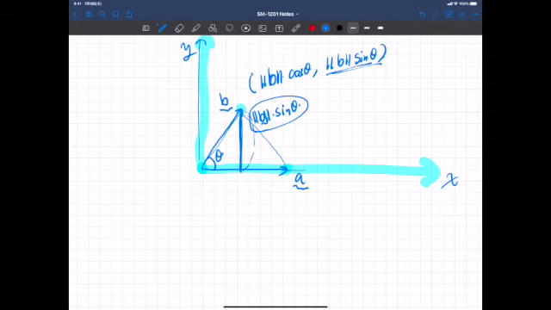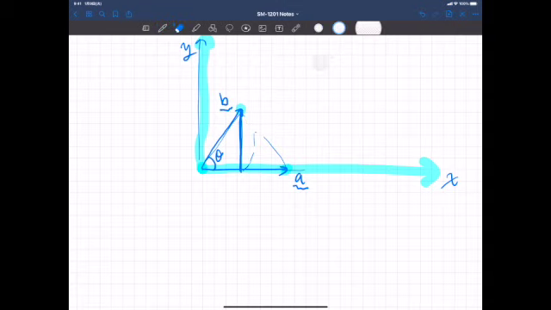So this height, this length, is B modulus sine theta. Of course, it should be an absolute value because this theta can be negative, right?